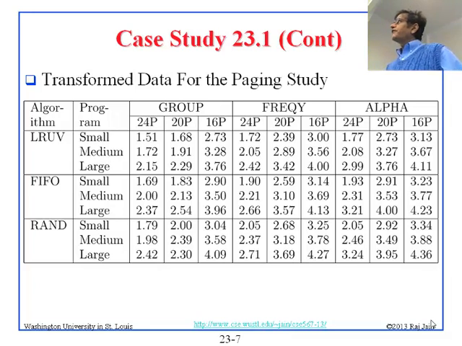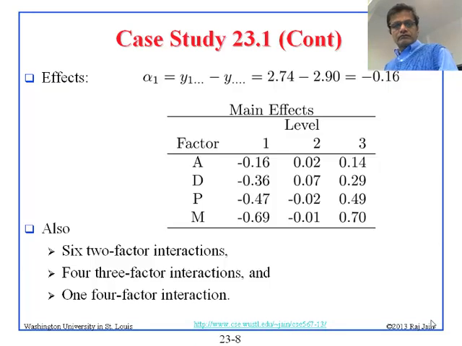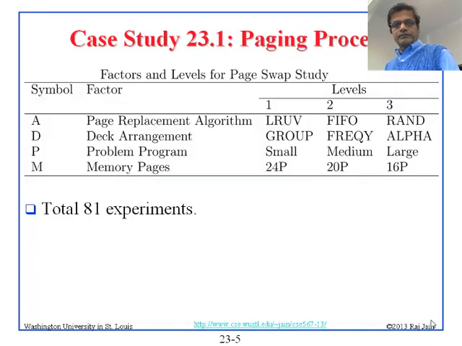Now if you want to find out the effect of groups, you have to take all the values where the group is 24p for that particular level. So these are all 24p, plus these are all 24p, plus these are all 24p. So you take those numbers. Group is not a factor. Arrangement is a factor, with levels group, frequency, and alpha. So I keep getting confused between the levels and the factor.